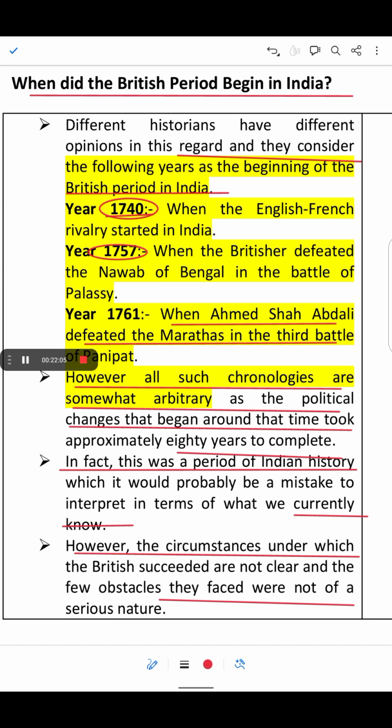Although the Mughal Empire was no longer that strong, Mughal influence remained in some areas after the defeat of the Marathas. The Mughals were no longer in full control, but they still had a symbolic presence.